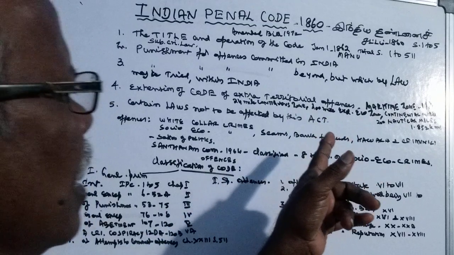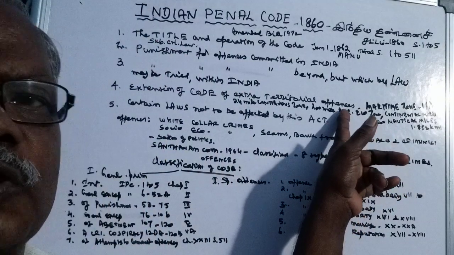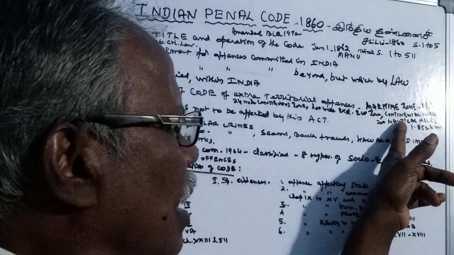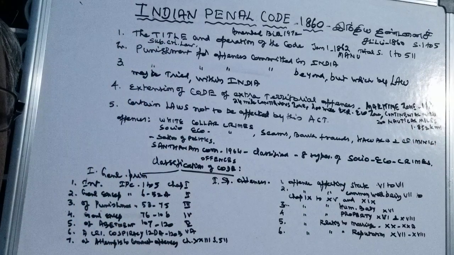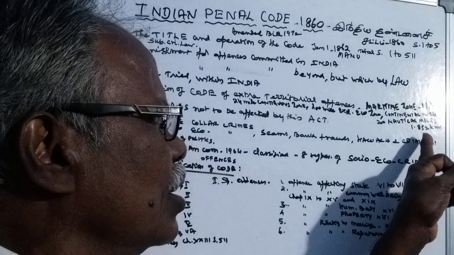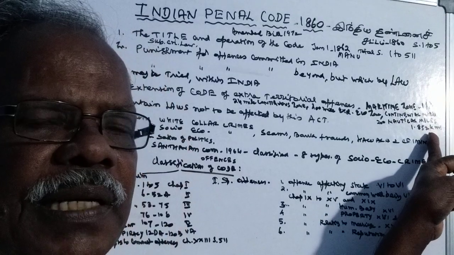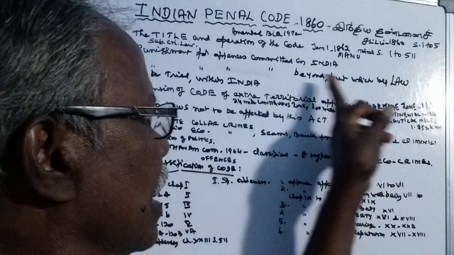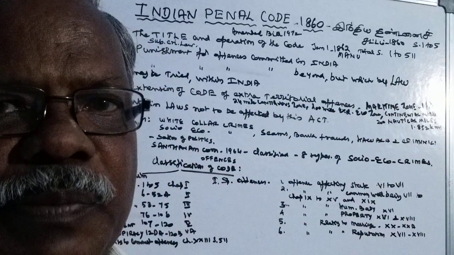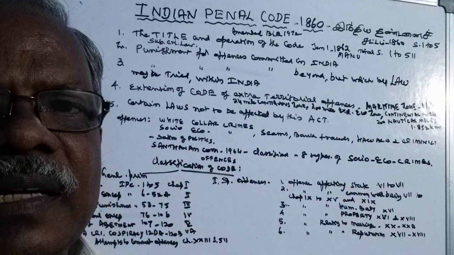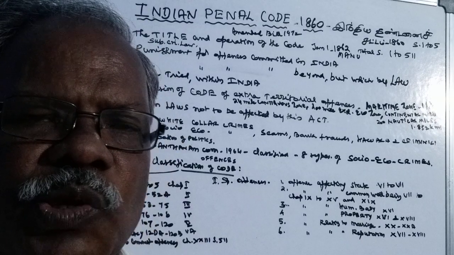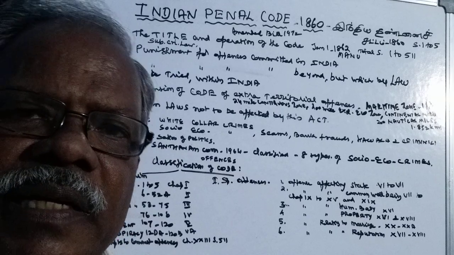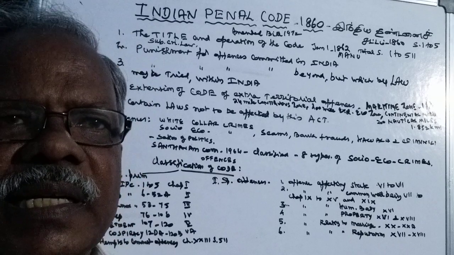And then the 200 miles exclusive economic zone or continental margin, that is 200 nautical miles. One nautical mile is equivalent to 1.852 kilometers. Out of all these three limits mentioned, whichever is greater is taken into account. That zone will be treated as if the crime was committed in India.